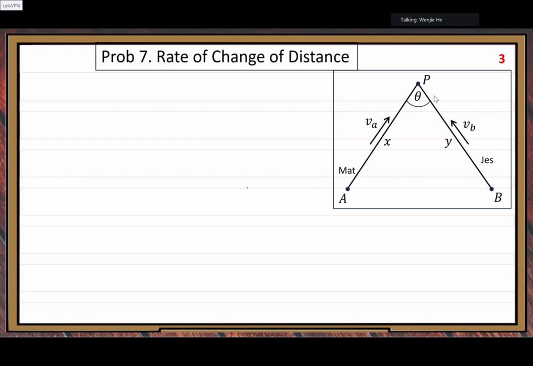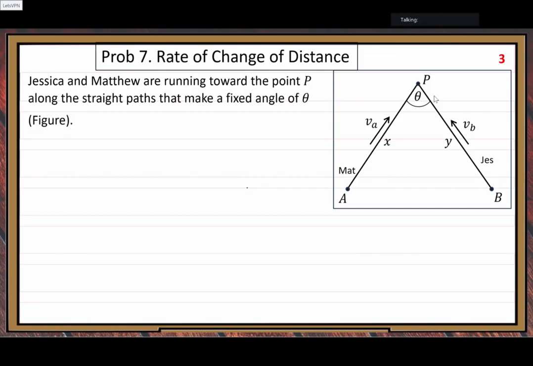Matthew and Jessica climb the mountain like this. Jessica and Matthew are running toward the point P, the destination, along straight paths that make a fixed angle theta.